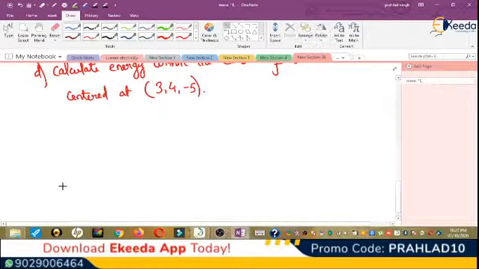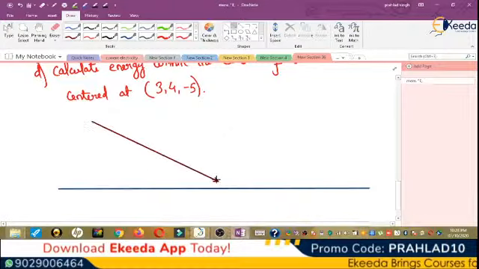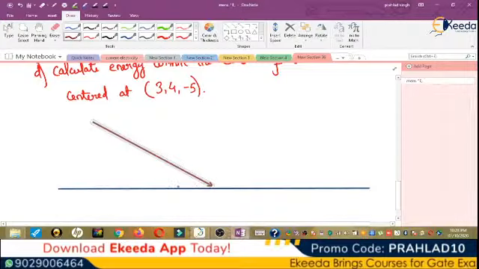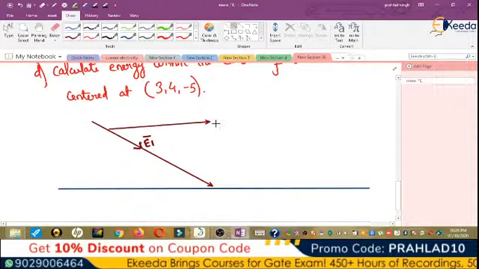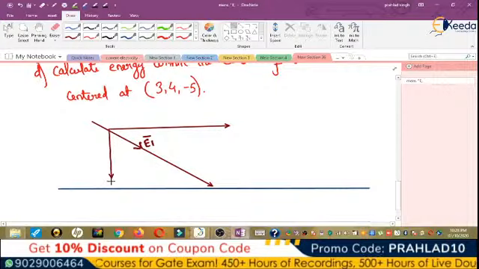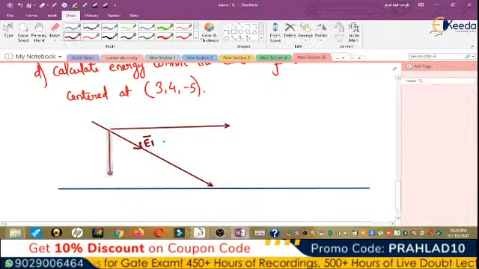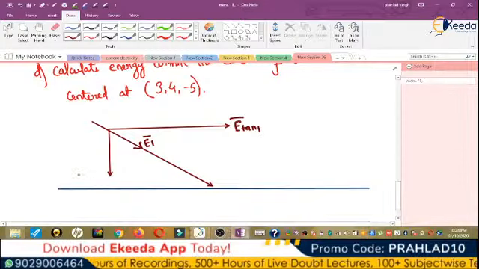So here is the boundary which is given, and suppose this is E1. So we'll make two components, one is tangential and another one is normal. This is Etan1 and this is En1.